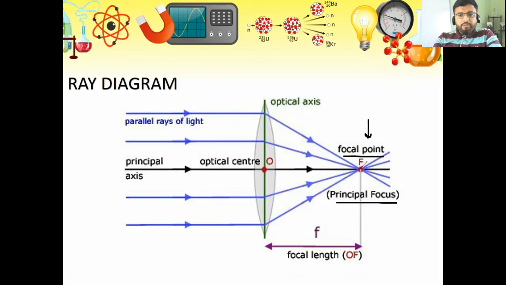It is usually represented by F, and the length between the optical center and the focal point is known as the focal length. These definitions are really important to understand, and they remain the same for the concave lens as well.